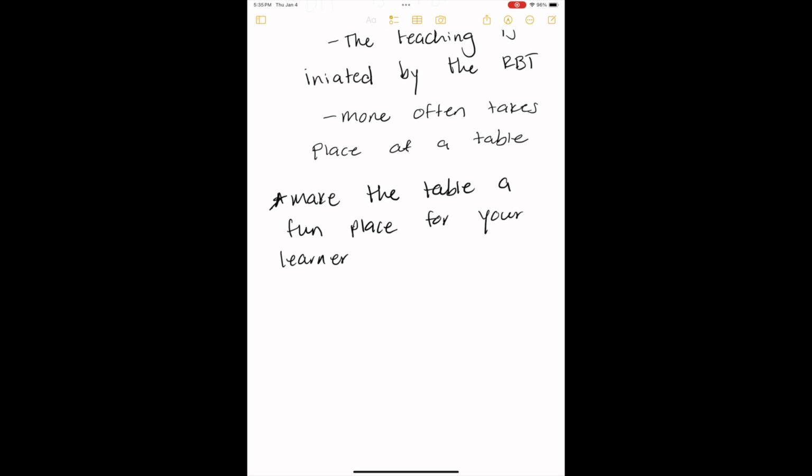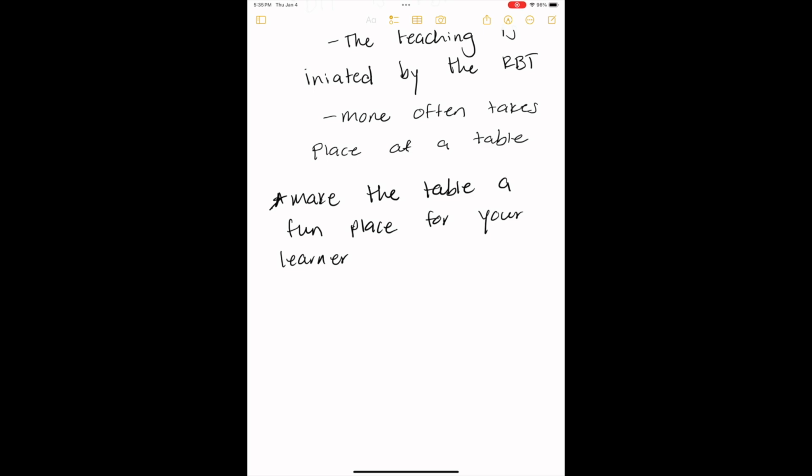I'm just saying for other times when you're reinforcing them, you can do it at the table with them. The table doesn't have to exclusively be a place for learning.